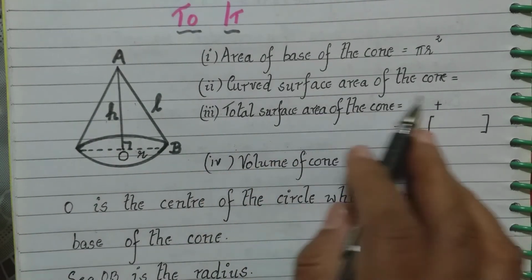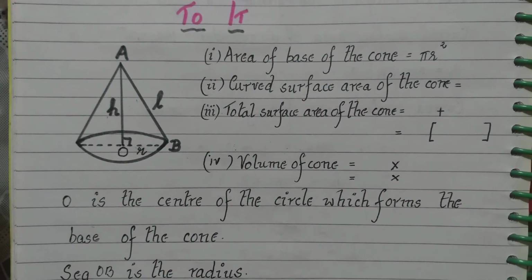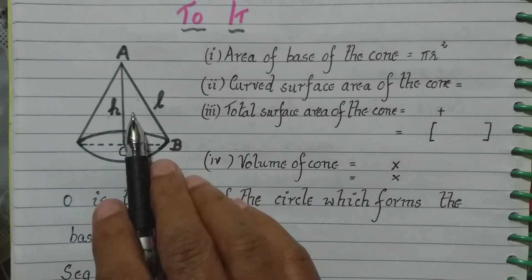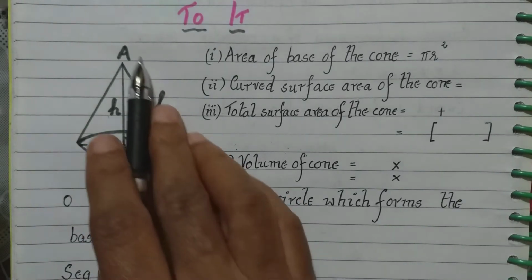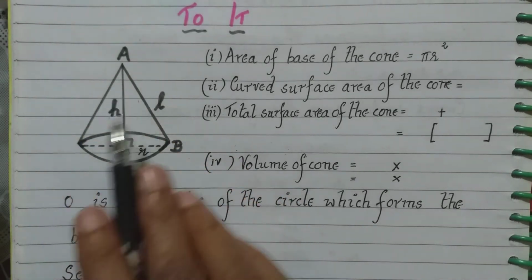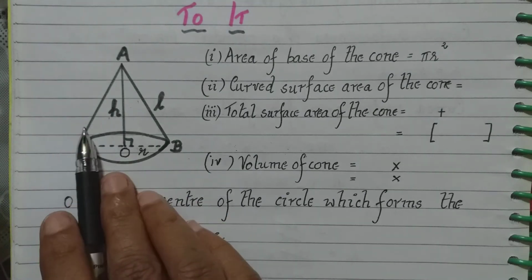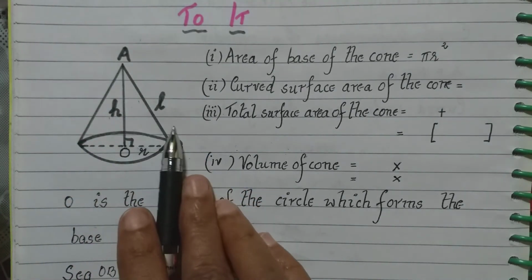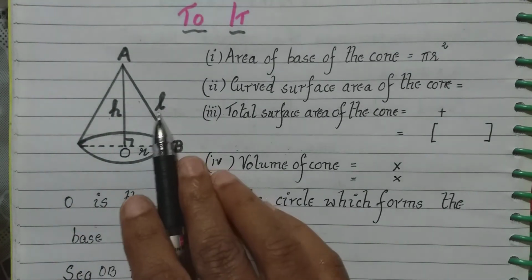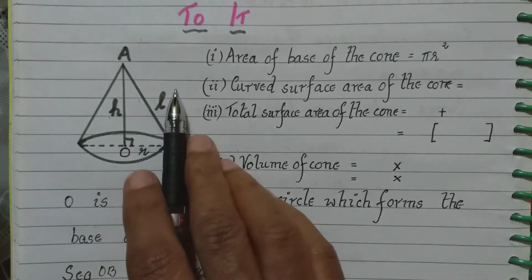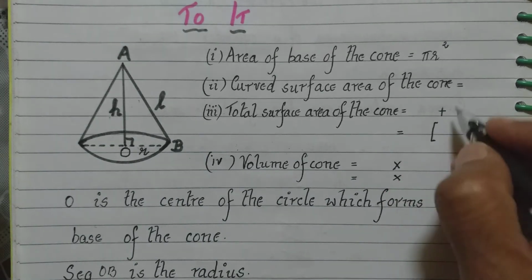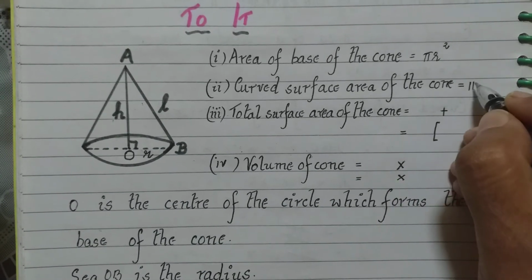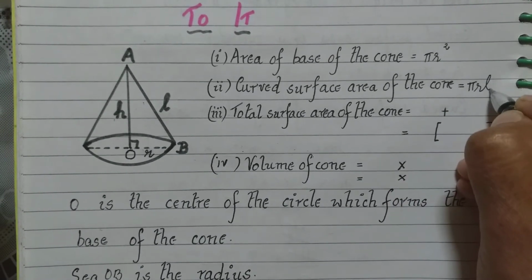Now coming to the curved surface area of the cone. We have to use the slant height, because the slant height is giving us the circumference here. You can see here it is at the side, right? So this is L. So the curved surface area of the cone is given by pi r L.